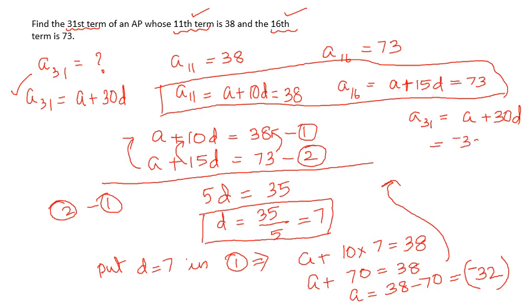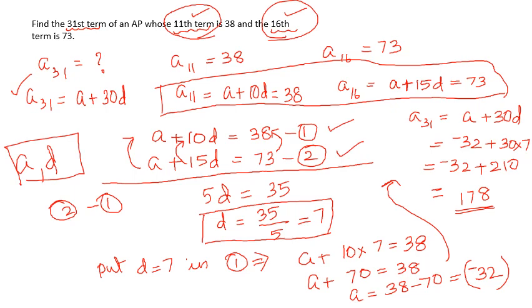Minus 32 plus 30 into D is 7. So what do you get? Minus 32 plus 210. What will be the answer? 178. Correct. Answer will be 178.